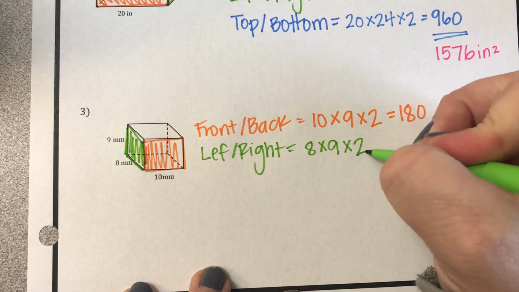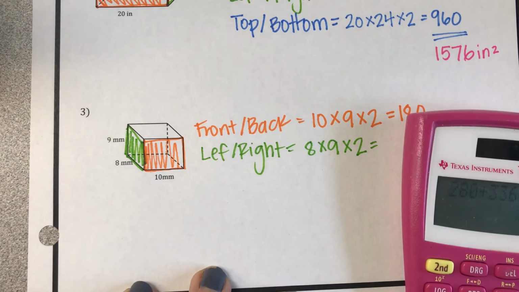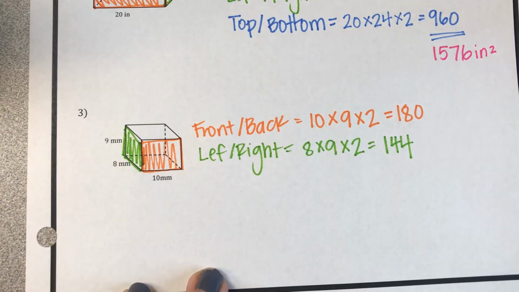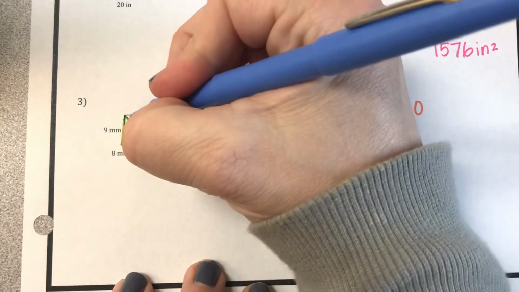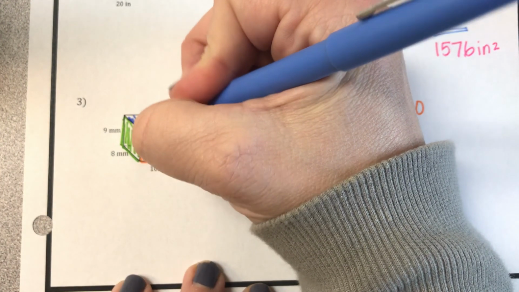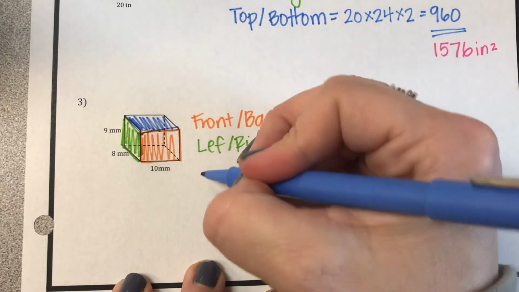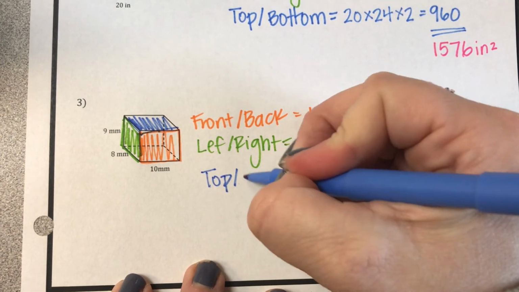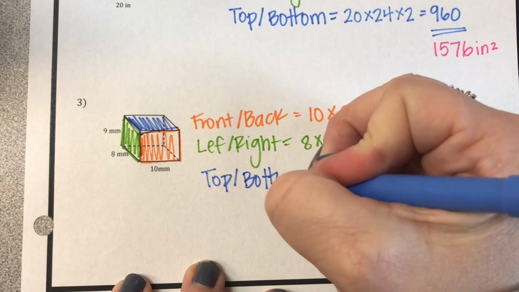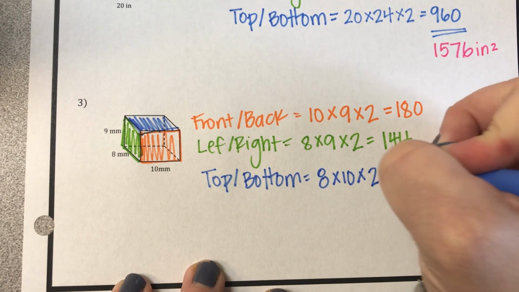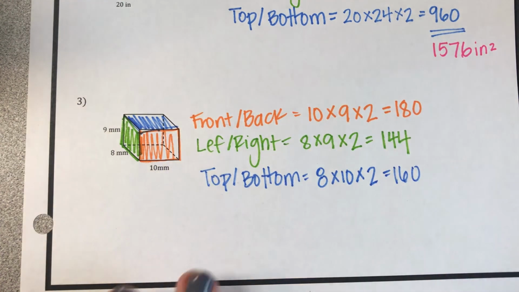And there's 2 of them, so times 2. 8 times 9 times 2 is 144. And then, last but not least, we have this top and the bottom, which are 8 by 10. And there's 2 of them, so that's 160.